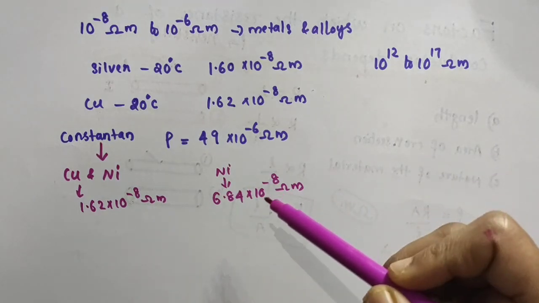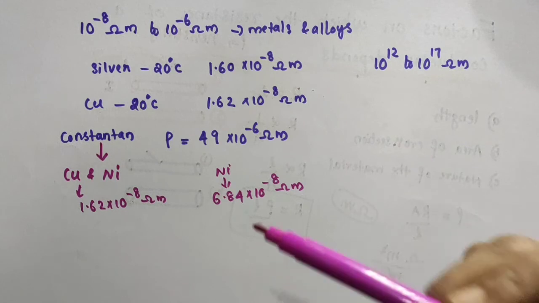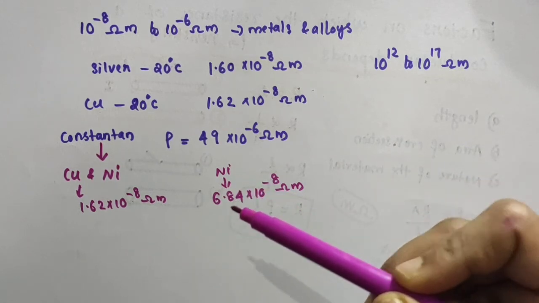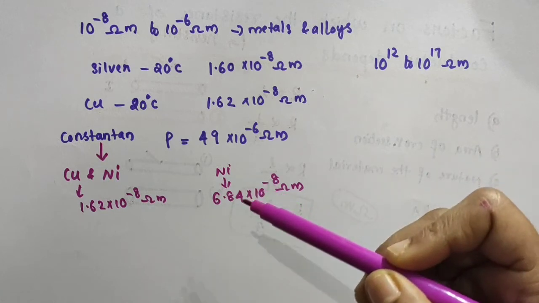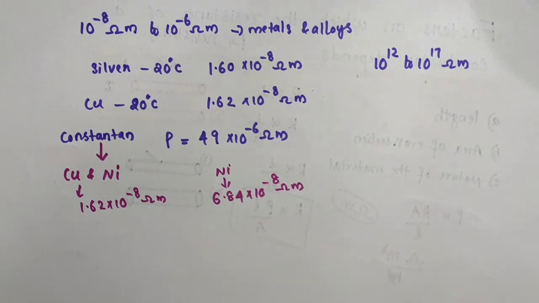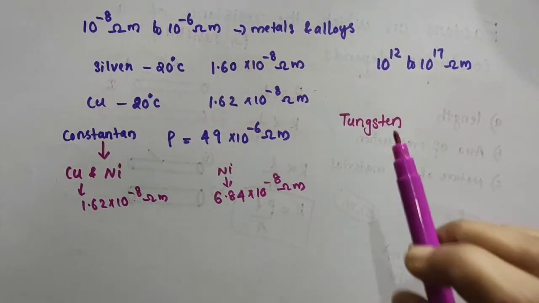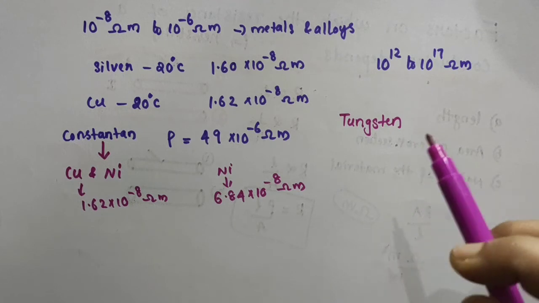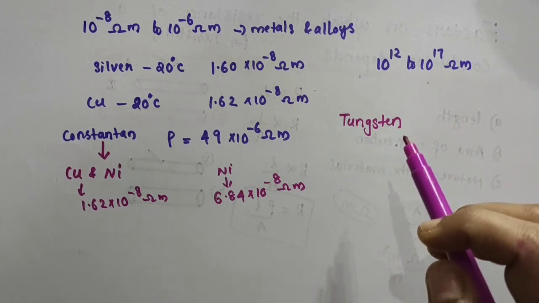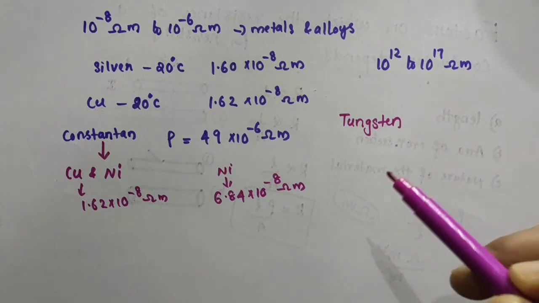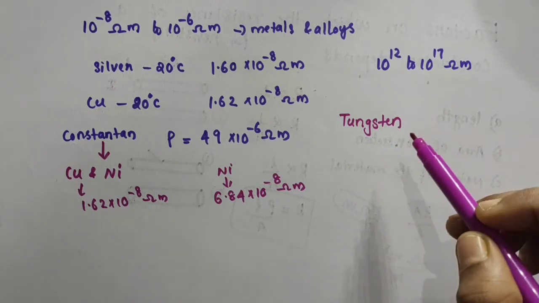Alloys do not oxidize or burn readily at high temperatures. Because of this, alloys are commonly used in electrical heating devices like electric iron boxes, electric toasters, etc. Tungsten is used for making the filament of an electric bulb because it has high resistivity, so it does not burn easily, and it has a high melting point too.